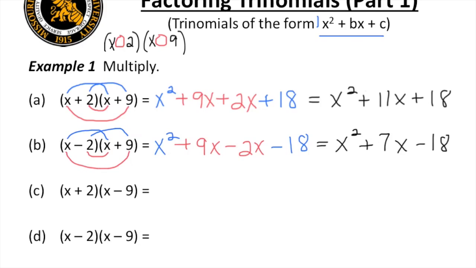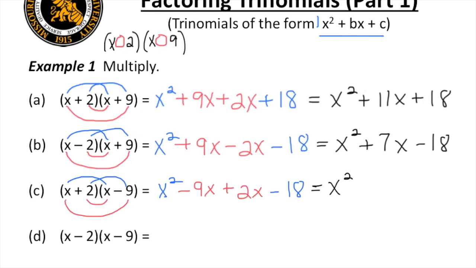So consider example 1c. First, outer, inner, last. Combining like terms, we end up with x squared minus 7x minus 18.